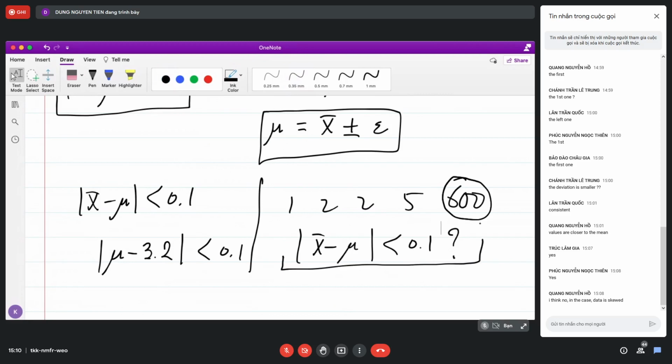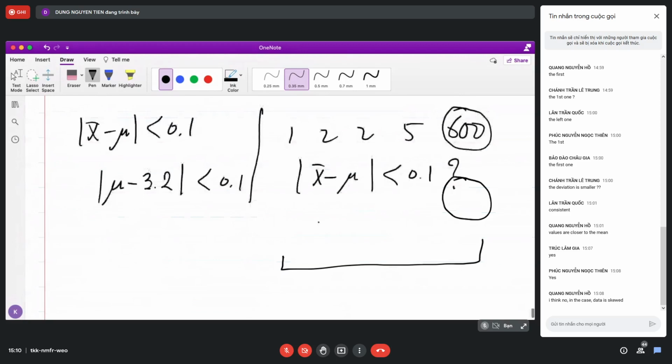It means that this could be true with a very high chance, but it's not 100%. We cannot say that it is always true, but we can say that the chance is very high.